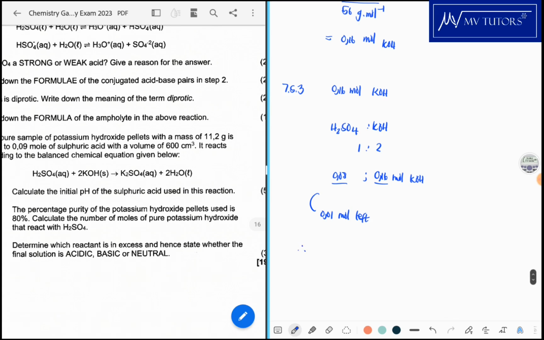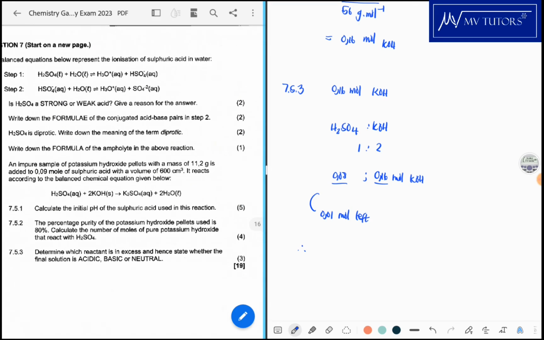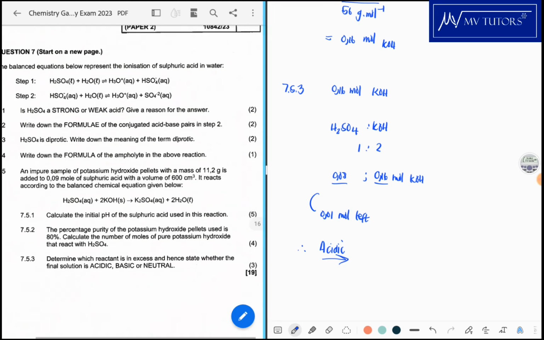Therefore, we can conclude that the reactant in excess is the acid, because we have excess sulfuric acid, so the solution is acidic. And that is it for question 7.